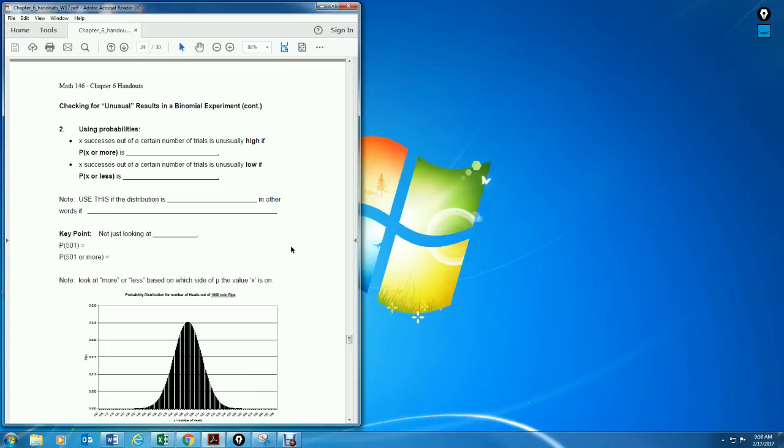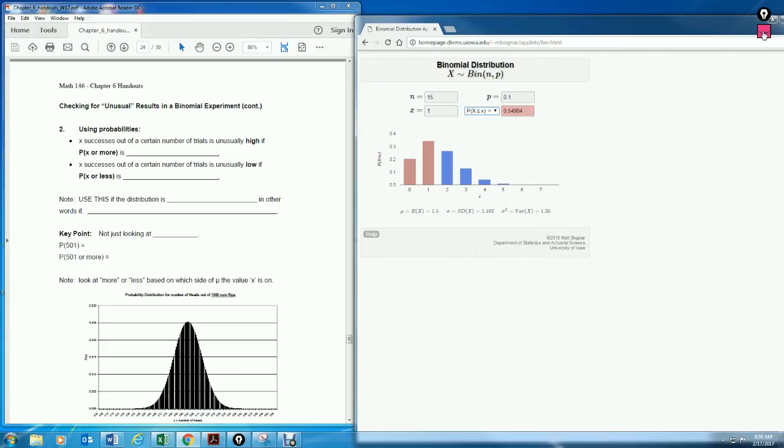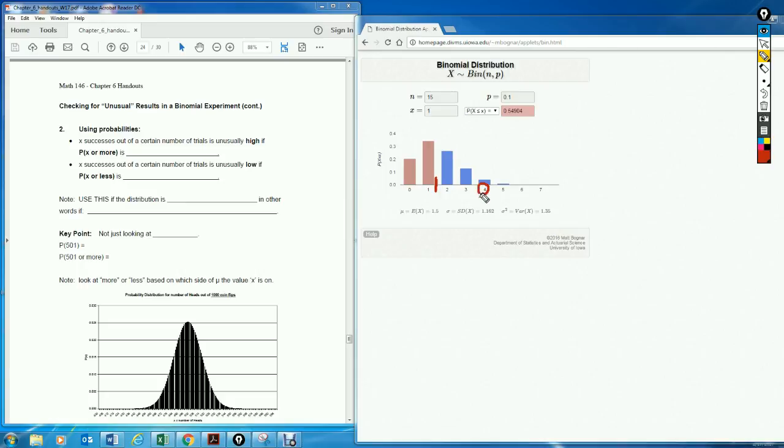So we are looking for 4 of the air samples. If I come back to the plot, notice that our mean is exactly 1.5 right here. The value we're interested in is 4, which is clearly to the right of the mean, so I'm looking at this side of the curve.